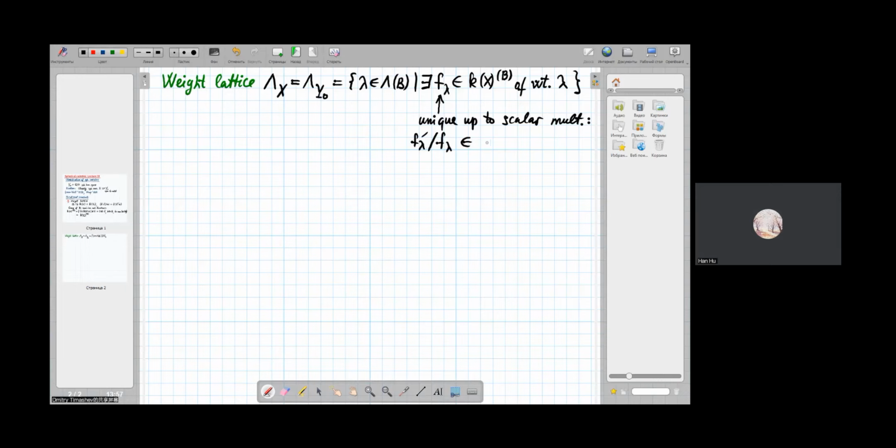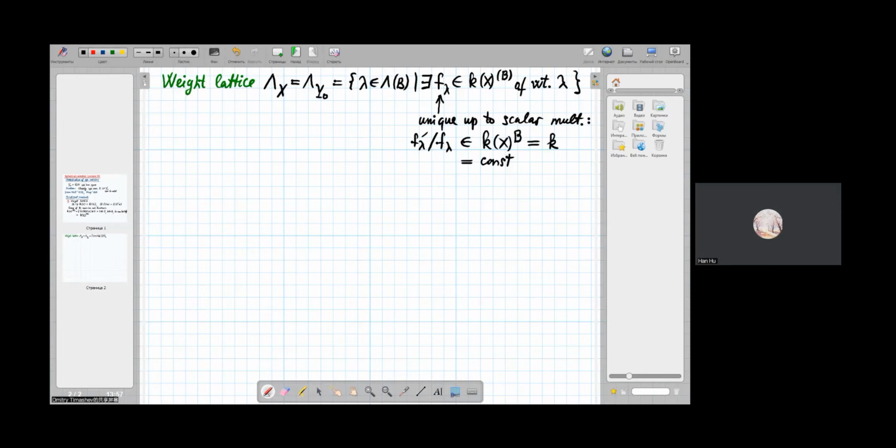So the ratio is a B invariant function. And since our variety X is spherical, there are only constant functions which are B invariant. So this ratio is a constant. And so this f lambda is uniquely defined by lambda up to a scalar.